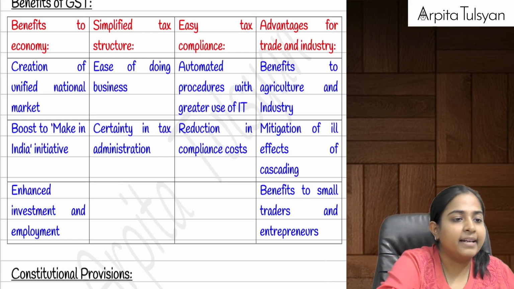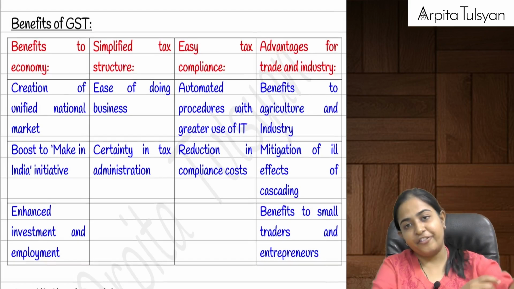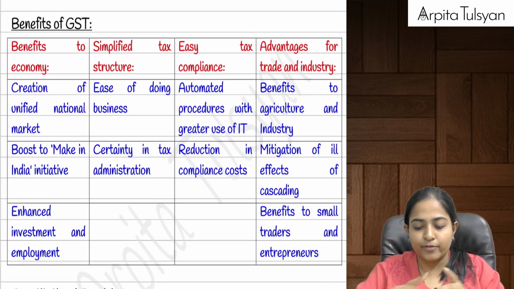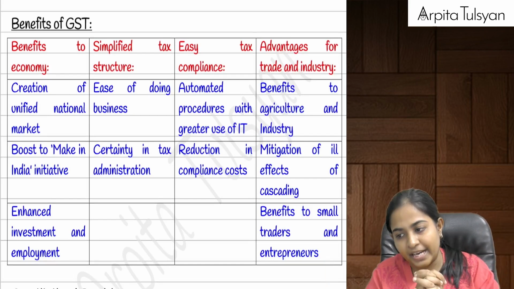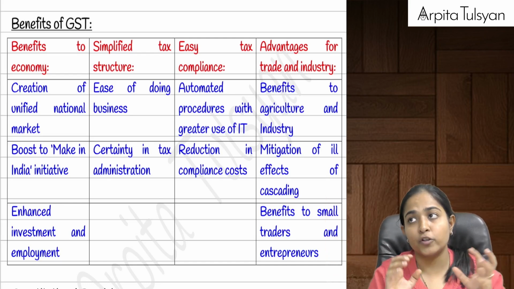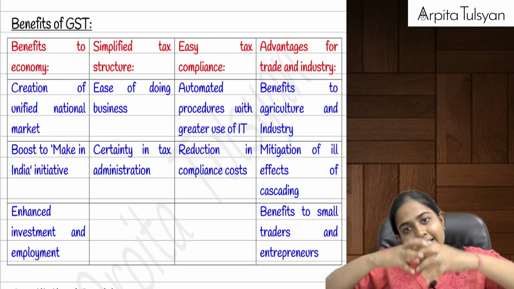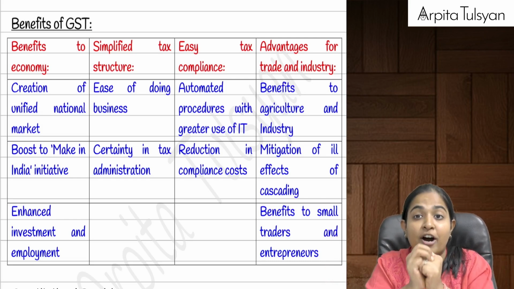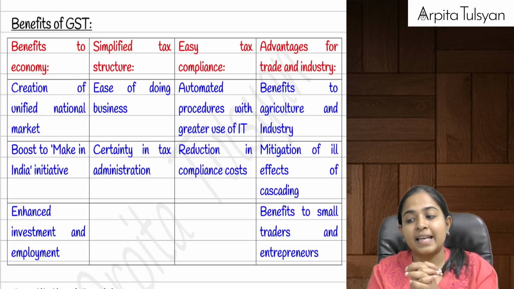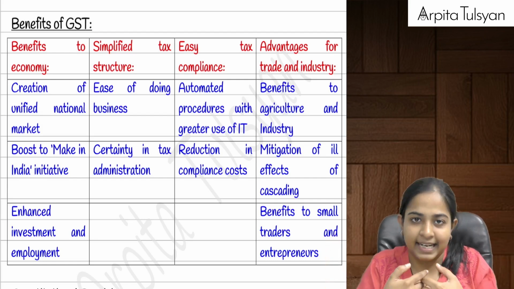Okay. Now going on to the next one, that is the benefits of GST. As the government also says, and as we already know, there are many benefits. First of all, because of the seamless credits that are available, and because so many taxes are being subsumed under GST, with only one tax, one nation, one tax, that is the motive of the government, there is a unified national market being created here.